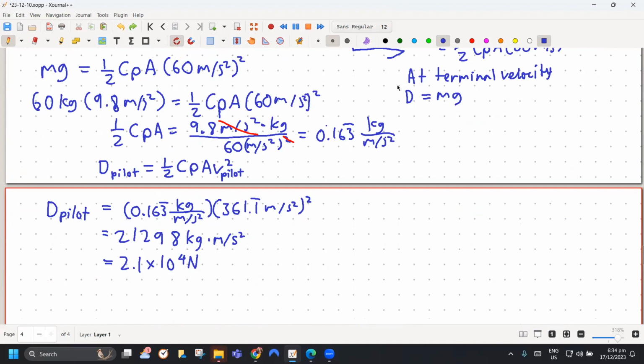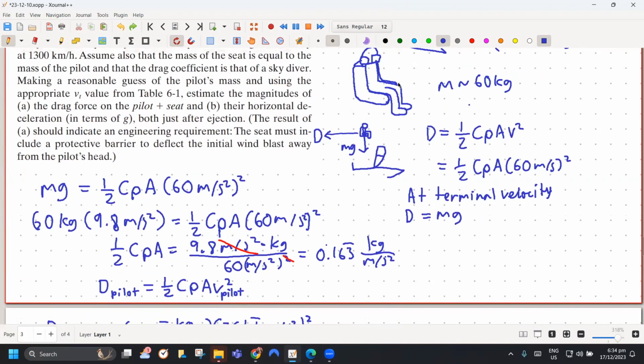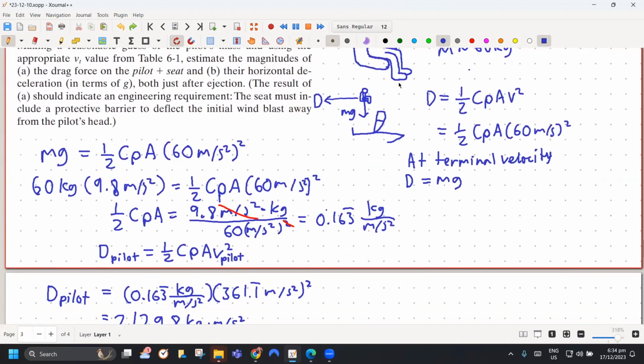So assume the mass of the seat is also around 60. Oh no, I got confused, because it needs to be 120. In that earlier part, we only analyzed the skydiver. Yes, so you need clear labeling that in this part we consider the skydiver, and at this part we consider the pilot again.